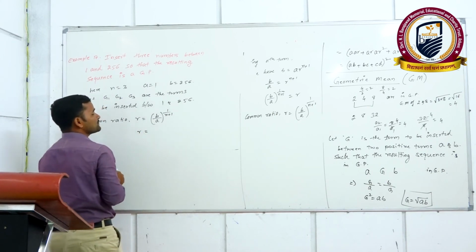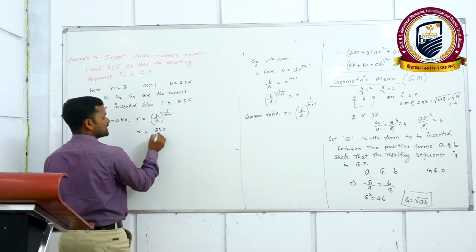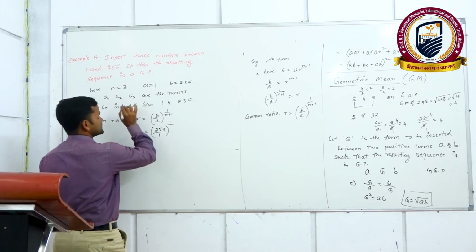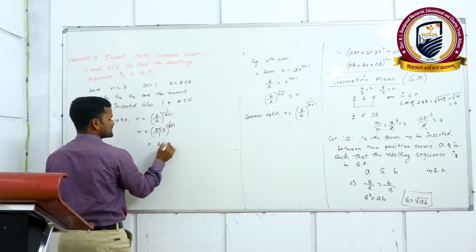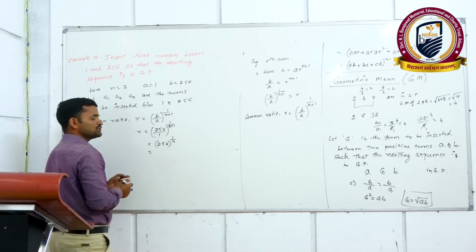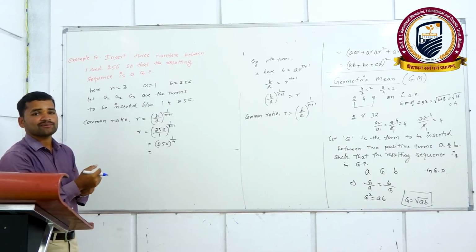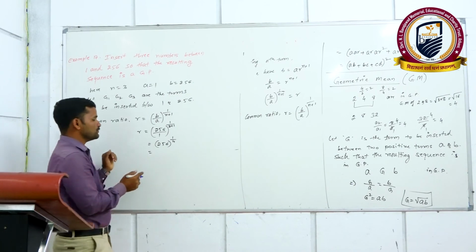R is equal to b by a. What is b? That is 256 by 1 whole to the power of 1 by 3 plus 1, since n is 3. This is nothing but 256 to the power of 1 by 4. Here 256 I can write as 4 to the power of 4, because 4 into 4 into 4 into 4 becomes 256.